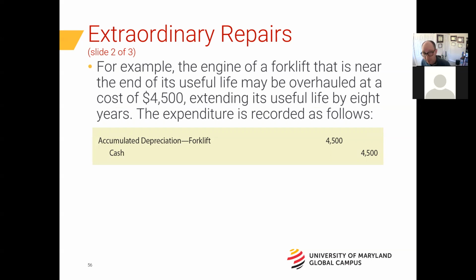The reason we're debiting accumulated depreciation for this engine overhaul is because we are improving its useful life. So we're going to reduce the accumulated depreciation by debiting it $4,500, and we credit cash.